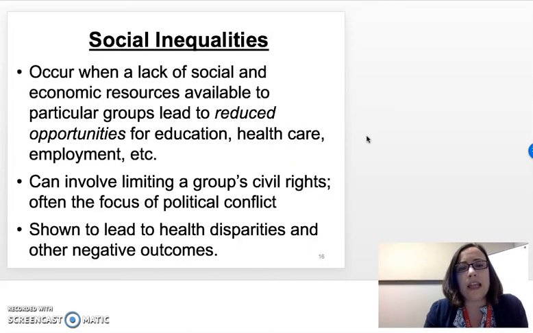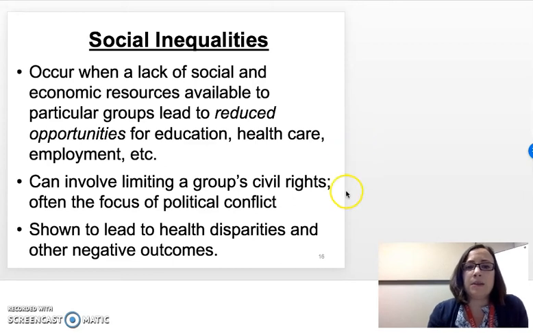Now, all of this is leading up to a discussion about social inequalities, right? A social inequality is when there's a lack of social or economic resources for a particular group, and that can lead to reduced opportunities like education, healthcare, employment. It can limit a group's civil rights, lead to health disparities, for example.